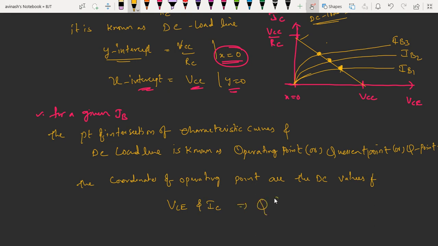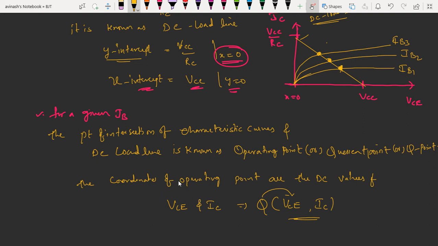That implies the operating point will be between this region, VCE comma IC. So between these only we will be defining the operating point. Okay.